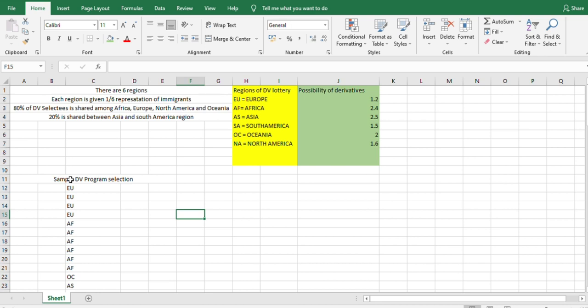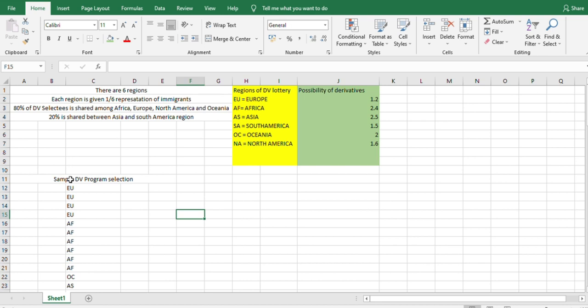For example, if we have the total number of applicants being 13 million in a certain year, then the computer will randomly assign all the entries random numbers from 1 up to 13 million.